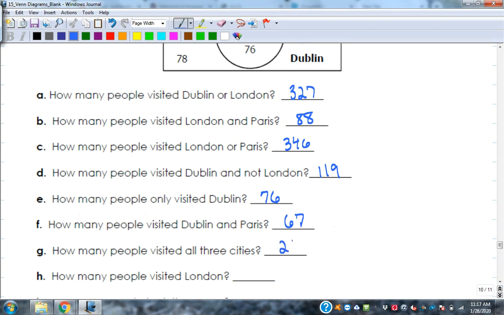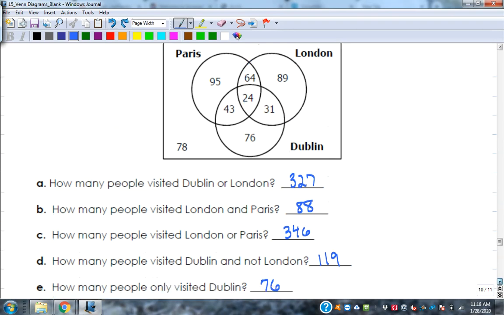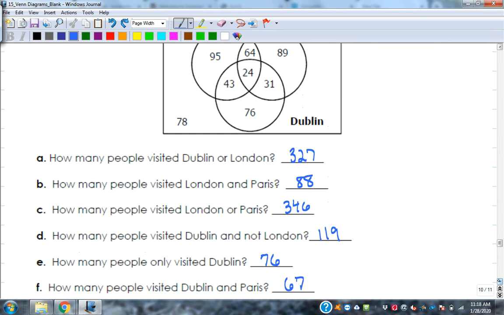That's that centerpiece, 24. And H part, how many people visited London? Visited London, you're adding up everything that's in the London circle. I got 208 is what I got. Is that what? 208, yeah.